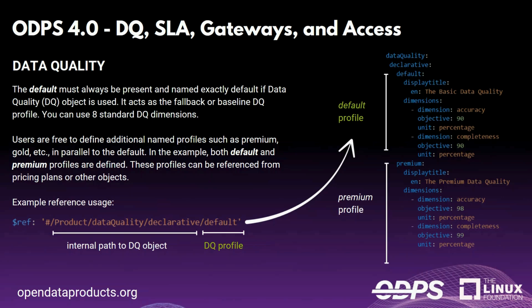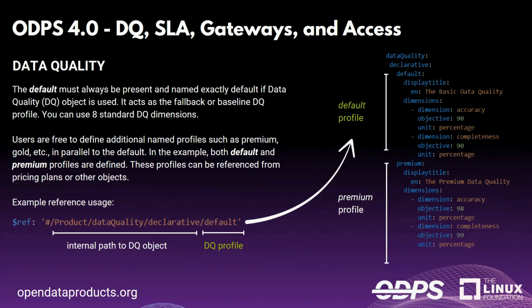Those dimensions can be one of the 8 different standardized data quality dimensions included in the spec. And if that's not enough, then you can use the extension option provided by the ODPS itself. Normally the 8 options are pretty good, but in specific cases they might not be.